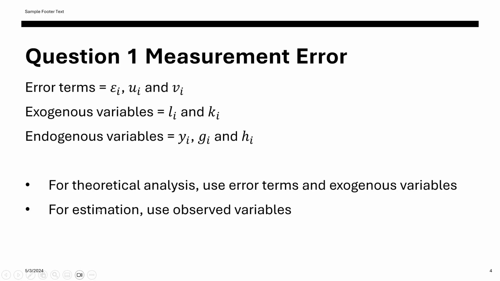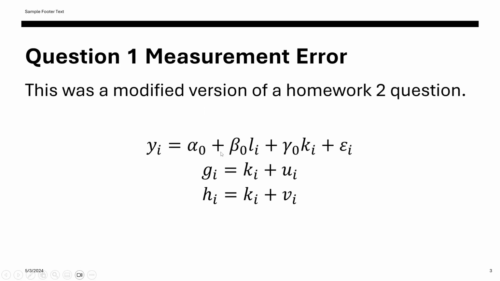But for estimation purpose, computation purpose, you cannot use error terms because they are not observed. Of course, if you can calculate the error terms after estimating alpha, beta, gamma, then you may use them as a kind of estimator for the error terms. But anyhow, the estimated alpha, beta, gamma must depend only on the observed variables.